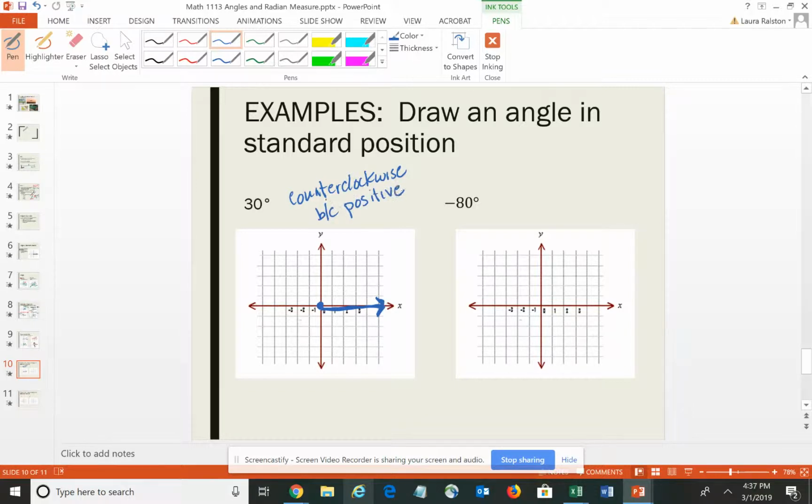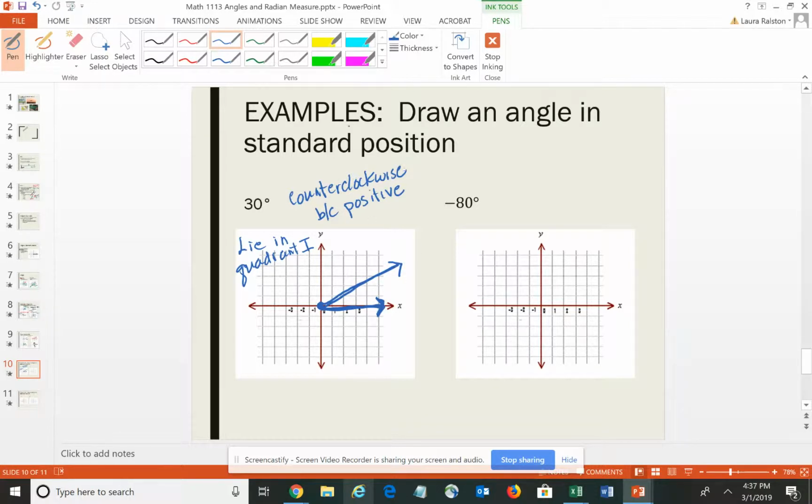I also know that if it's 30 degrees, it's going to lie in quadrant 1 since it's between 0 and 90 degrees. So I'm going to estimate where that 30-degree angle would be.